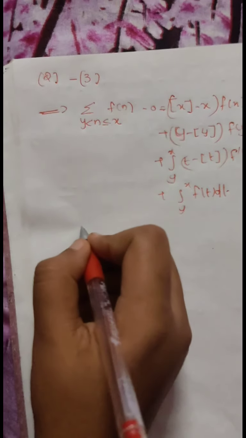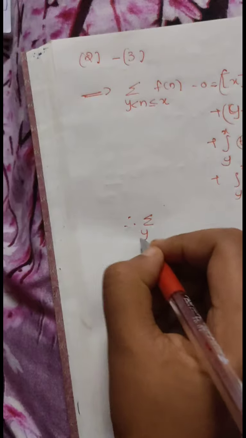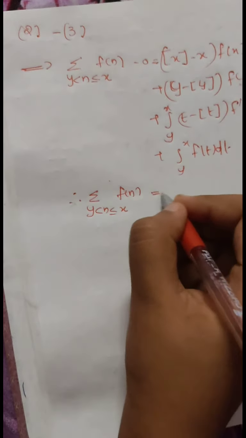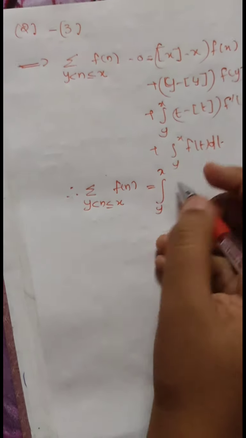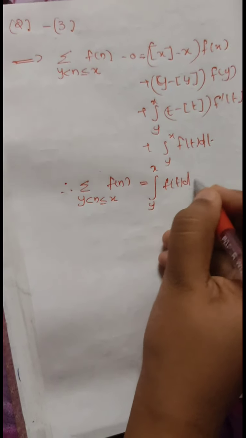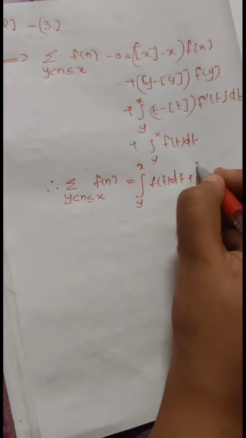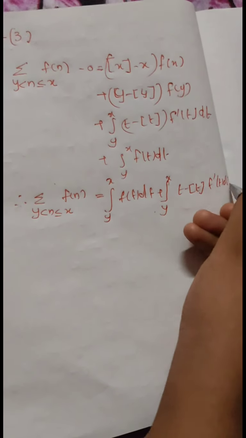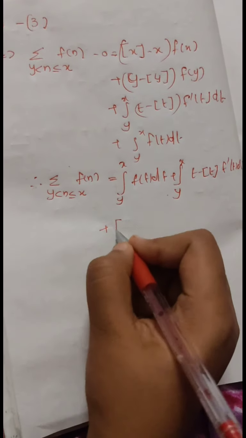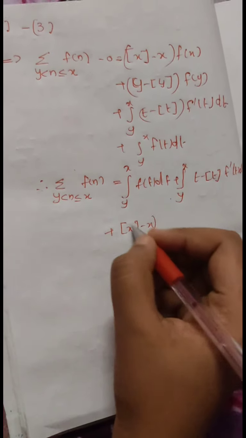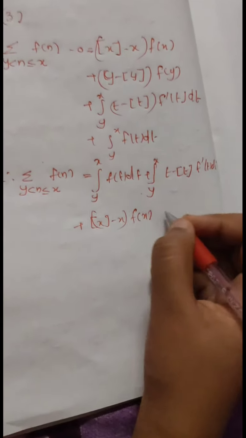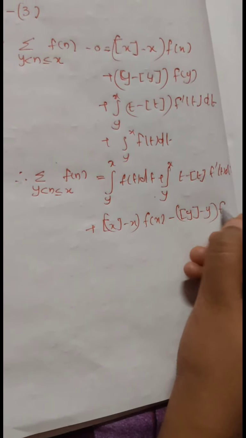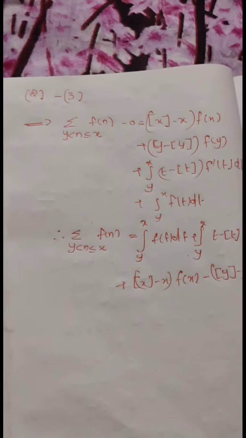Therefore, the summation y less than n less than or equal to x of f of n will be equal to, rearranging this, the integral from y to x of f of t dt plus the integral from y to x of t minus the greatest integer less than or equal to t, into f dash of t dt, plus the greatest integer of x minus x, into f of x, minus the greatest integer less than or equal to y minus y, into f of y. This is the Euler's summation formula.